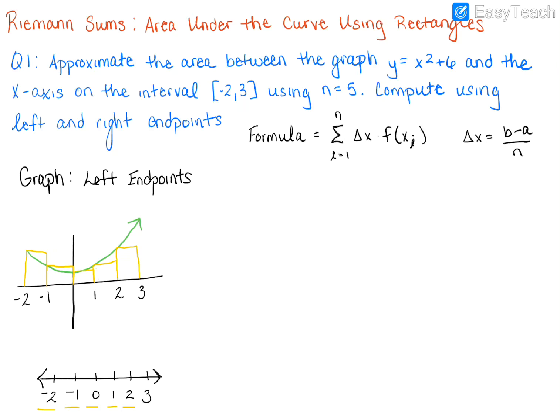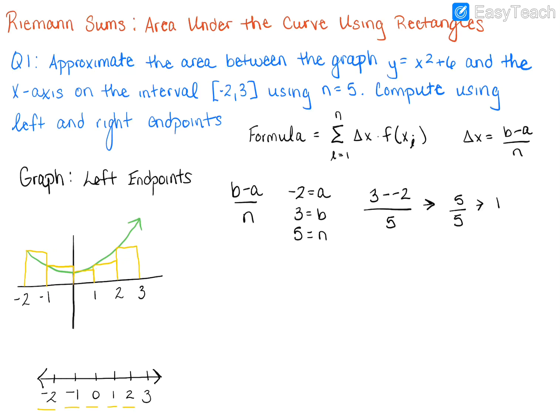So what that would look like is if we do b minus a over n, -2 is equal to a, 3 is equal to b, and n is equal to 5. So that would be 3 minus -2 over 5, which becomes 3 plus 2, which is 5 over 5, which is equal to 1.